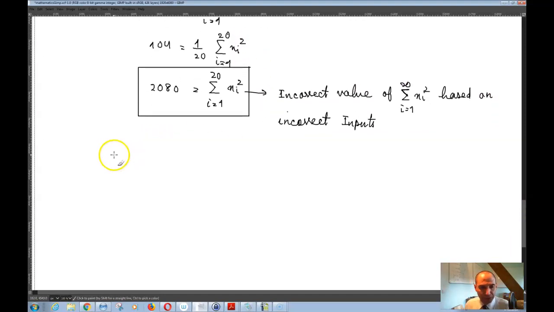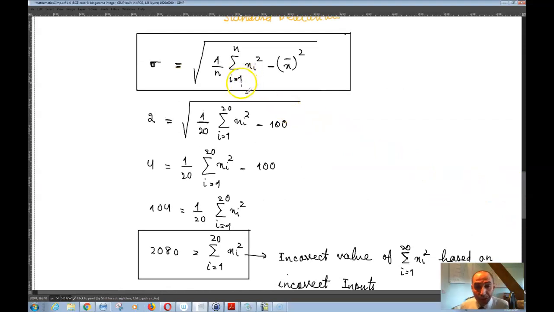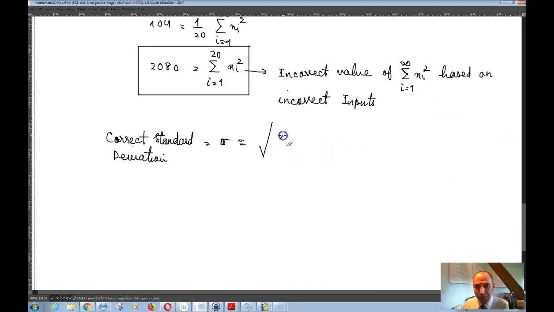So the correct standard deviation, sigma, is equal to the square root of, what was the formula? 1 over n sigma of x of i squared as i goes from 1 to n minus x bar whole squared, right?